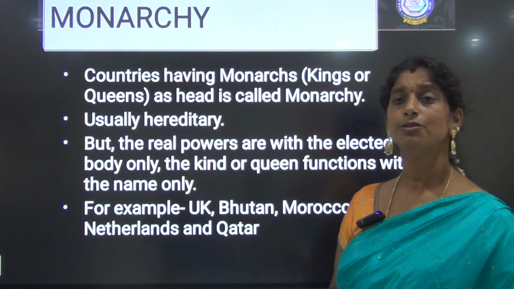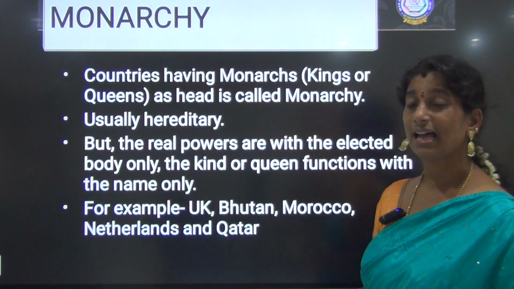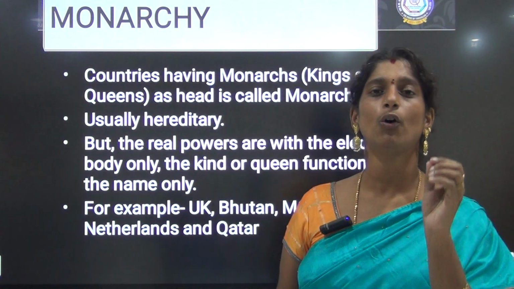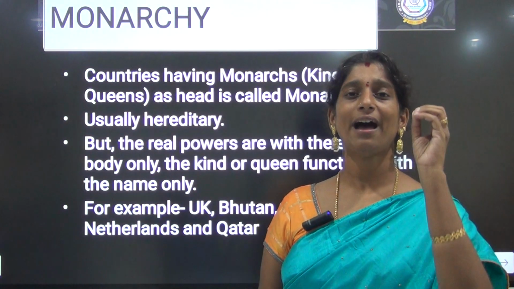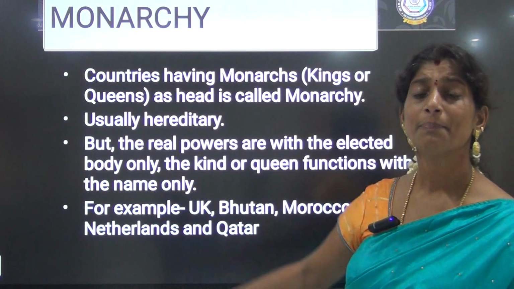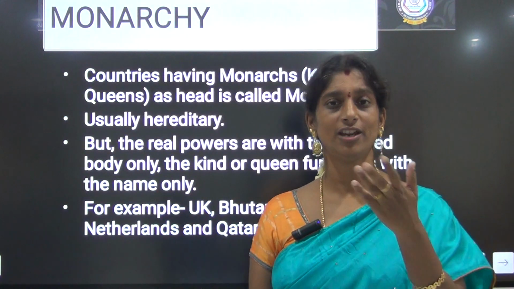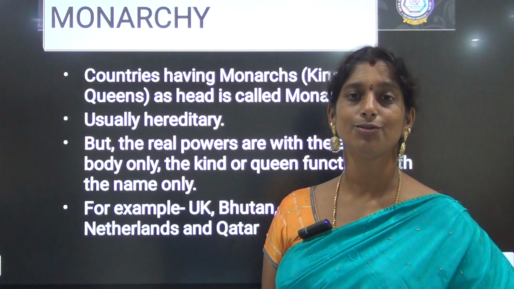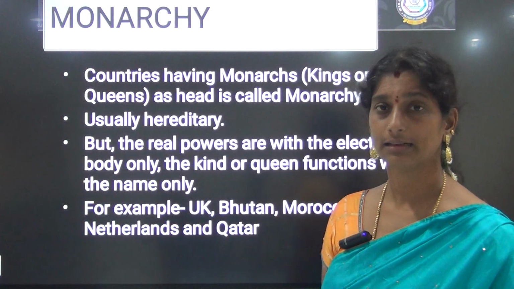So moving on to monarchy. The countries having monarchs as the head. A monarch is nothing but a king or a queen of the country. So having a monarch as a head is called monarchy. Simple. And it is usually hereditary. The son or daughter of the king or queen will continue to rule the country.